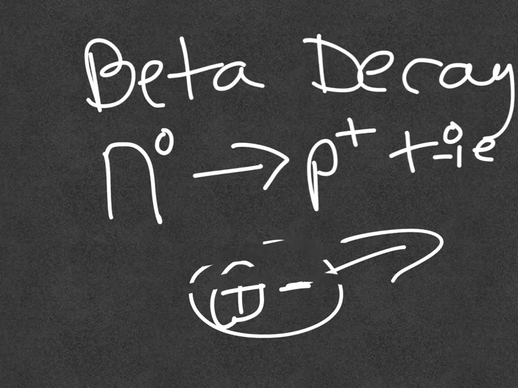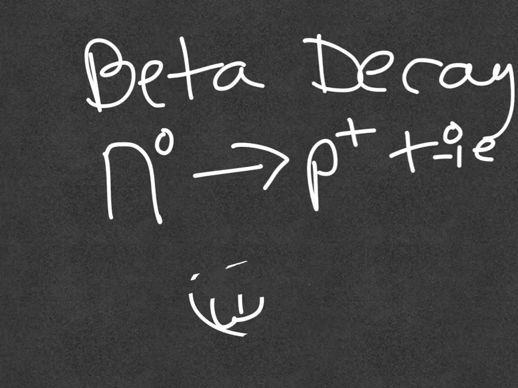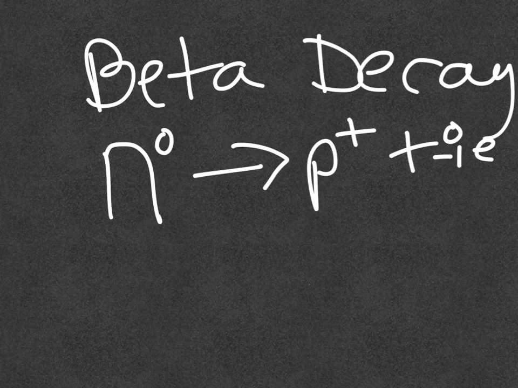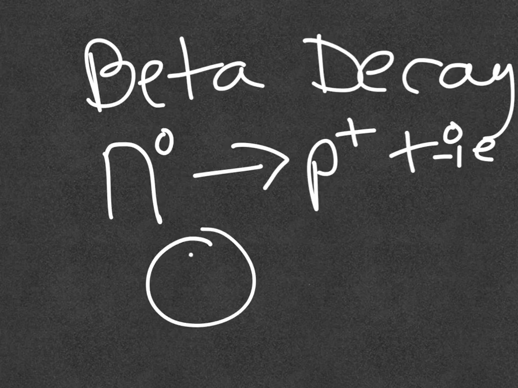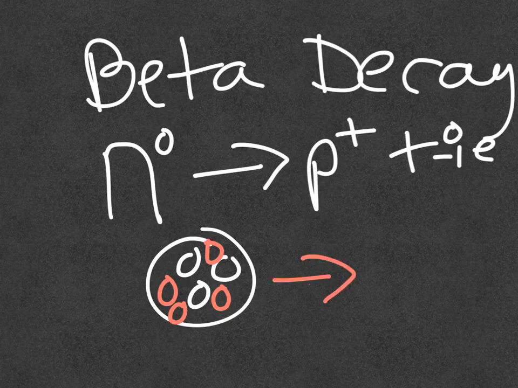When we talk about beta decays, the mass does not change because all that's happening is you're changing a neutron to a proton. Since they both have a mass of 1 AMU, nothing's going to happen in terms of your mass. So let's look at it this way. We're going to go really simple. Let's say that we've got 3 protons, and then I'm going to do 1, 2, 3, 4 neutrons. Let's say now that this neutron right here is going to change to a proton.